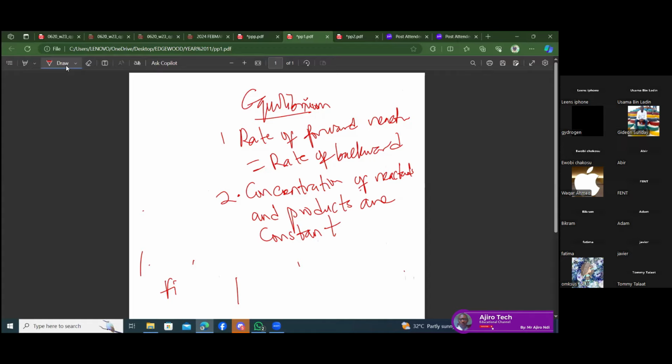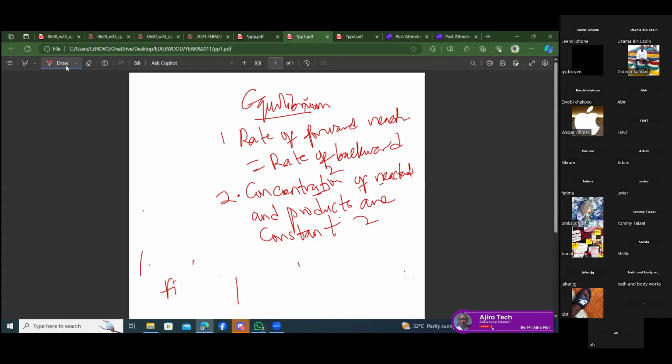That is, they remain steady. So do not say concentrations of reactants and products are the same. Because if you say they are the same, you are saying that the concentration of reactants is 2, and the concentration of products is equally 2. No, that's not what it means. It's simply saying if the concentration of reactant is 2, it doesn't change. If the concentration of the product is 3, it doesn't change.